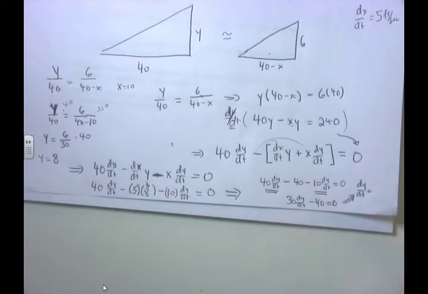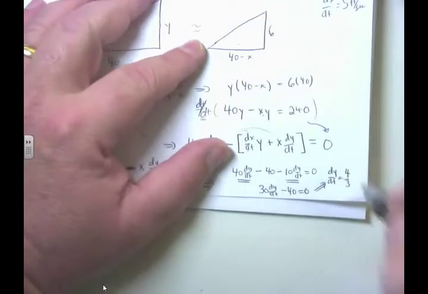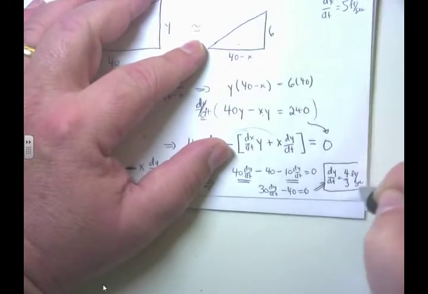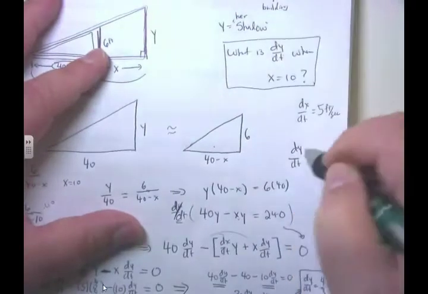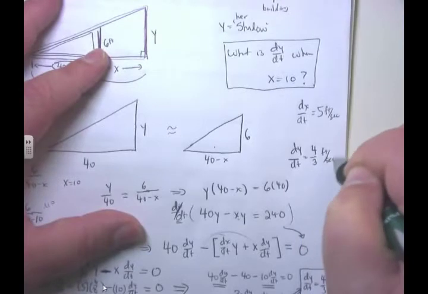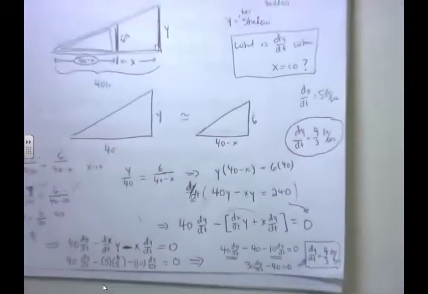Add 40 and divide by 30, and what do you get? 4/3. What are my units? Feet per second. So the answer to the question is that dy/dt, the rate of change of the shadow, is 4/3 feet per second. And there is my solution.